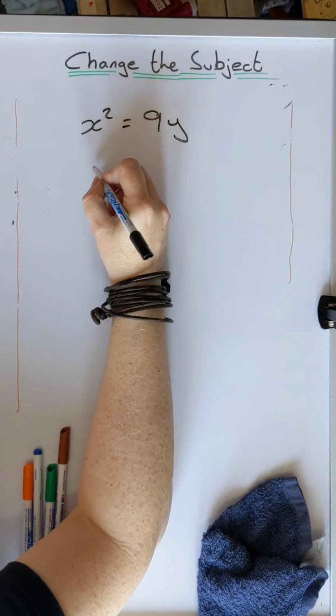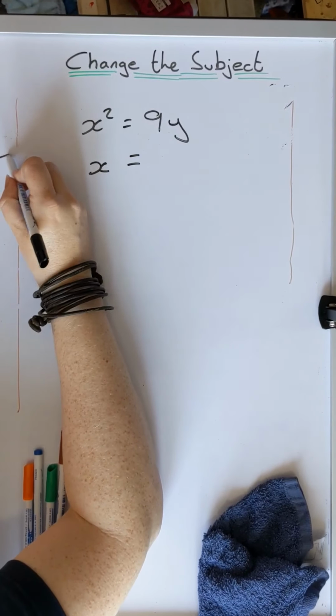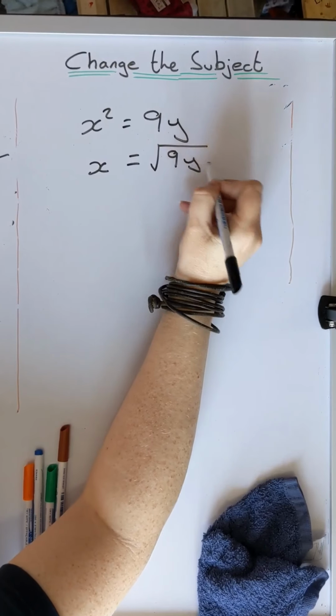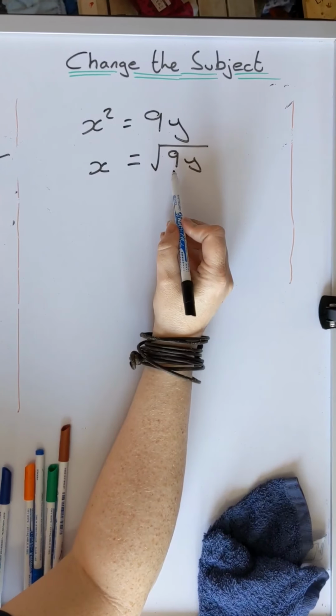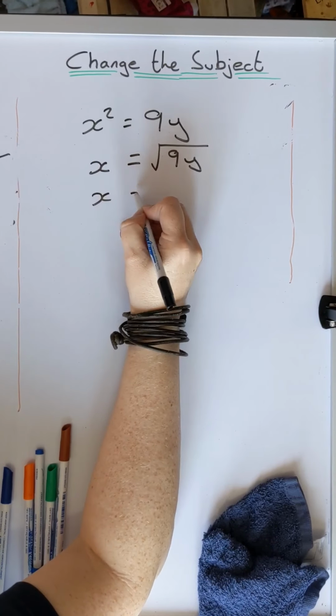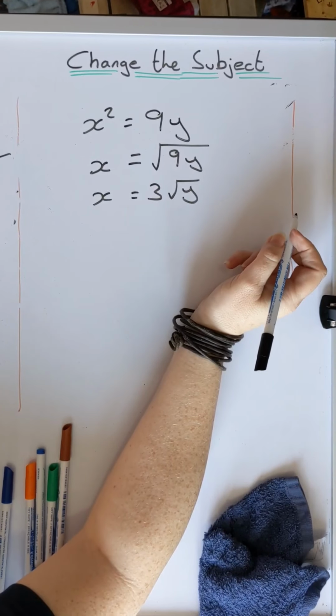So the square root of x squared is x, but again you must do the same to both sides. So you square root your 9y. If you remember from the lesson on surds, the square root of 9 is 3. So we then get 3 square root y.